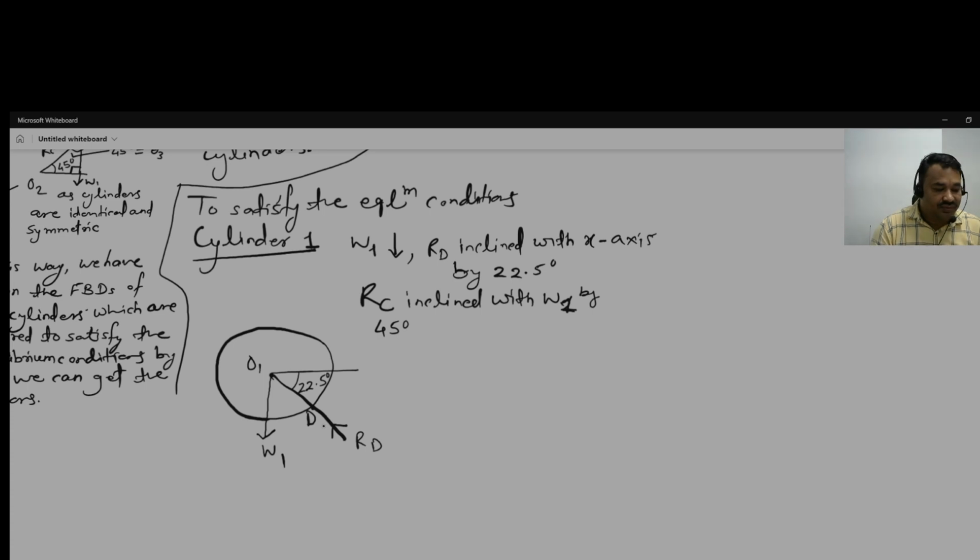And one more force, the reactive force, this is RC, and this angle is 45 degrees, so here it will also be 45 degrees. So we have made the free body diagram for cylinder 1.